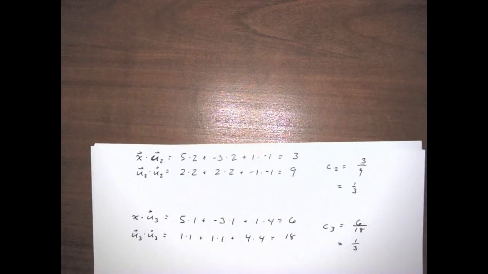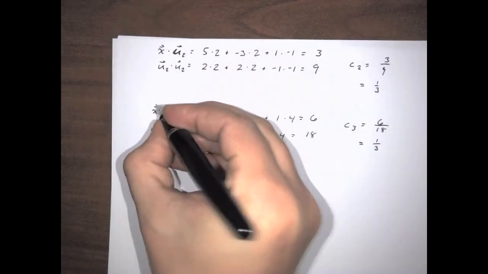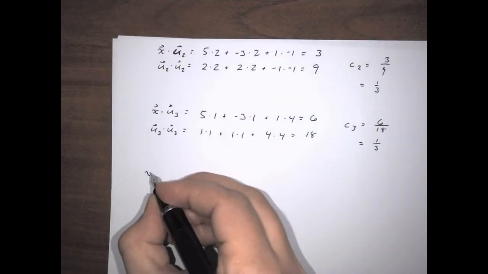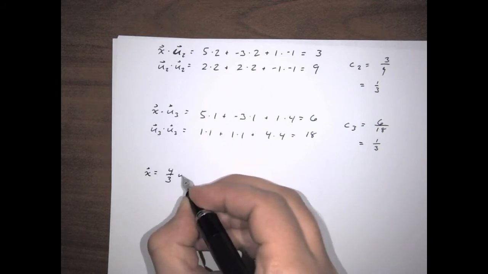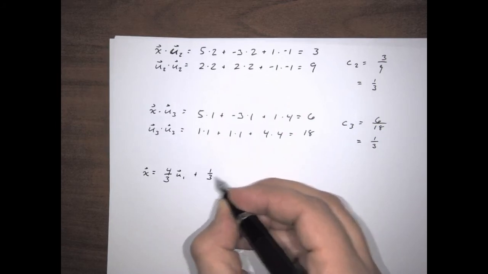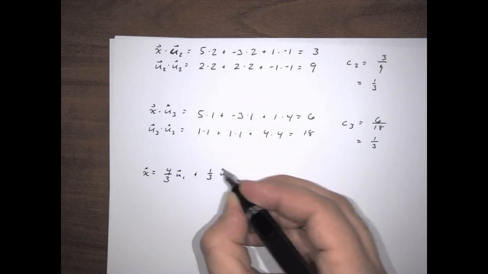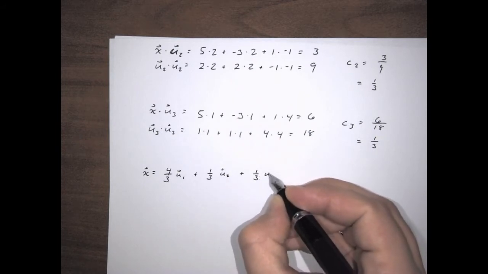So what this then means is that x, in terms of the u's, can be expressed as follows. So x, the vector, is equal to 4/3 u1 plus 1/3 u2 plus 1/3 u3.